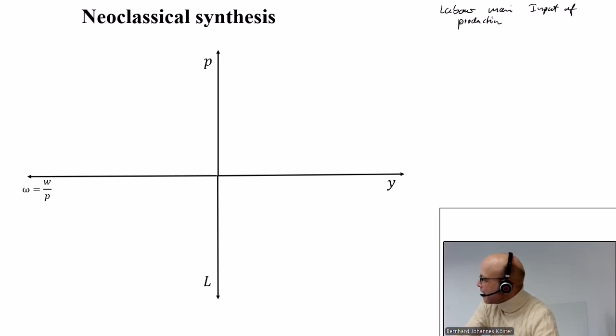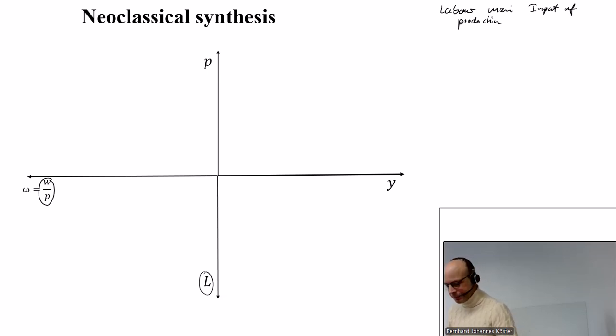Let's have a look first at the description of the axes. Downward, you find here L for labor. To the left-hand side, we find W over P equals omega. This is the real wage.